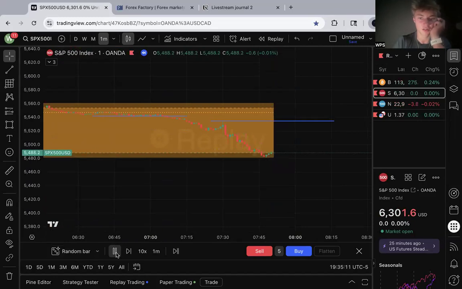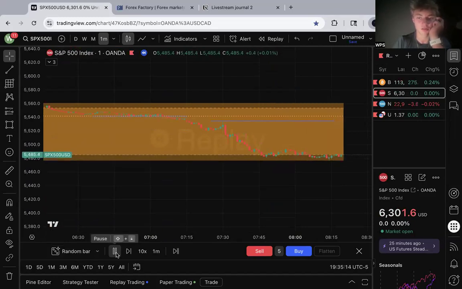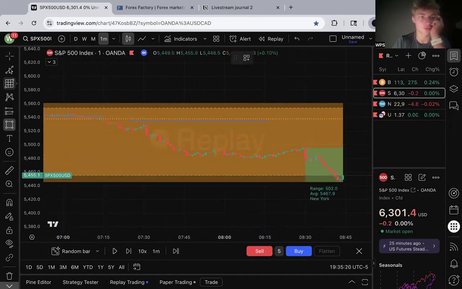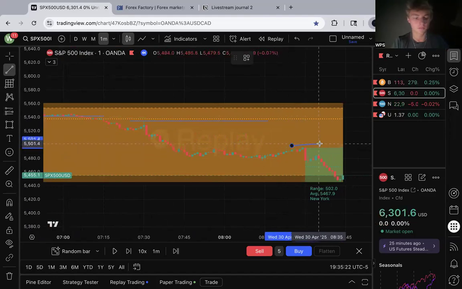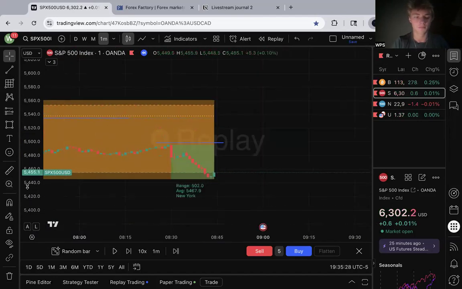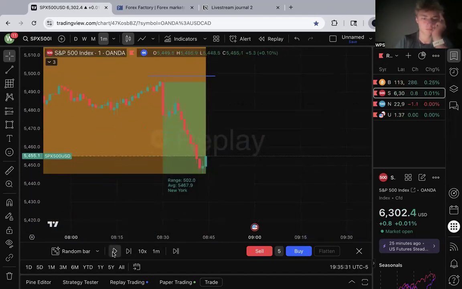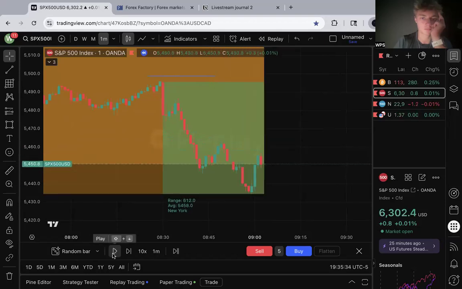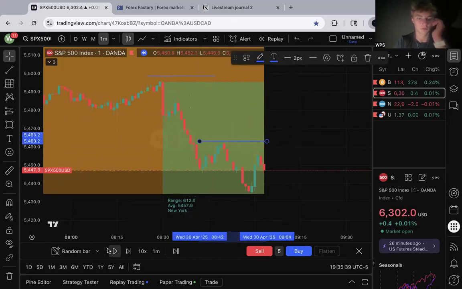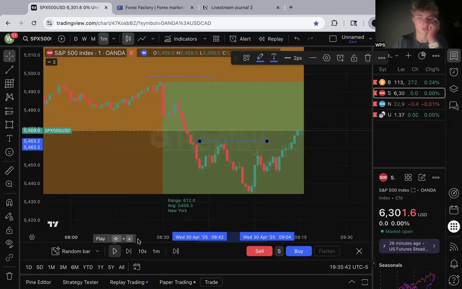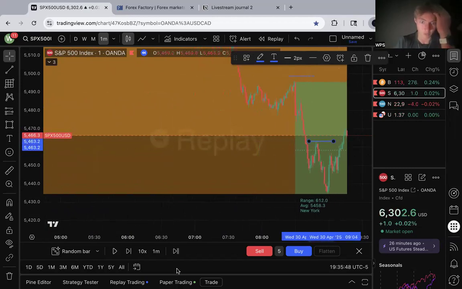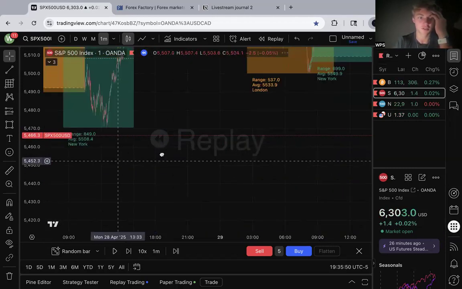This is really weird. I'm so confused. Okay, so we finally get a retracement on this break of structure, and then I suppose I'll target.